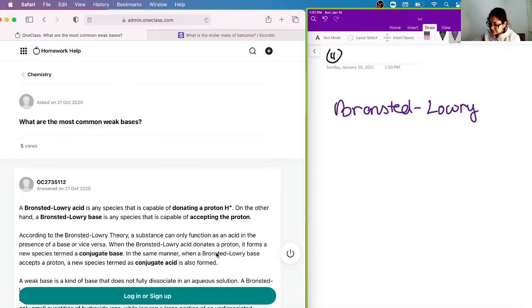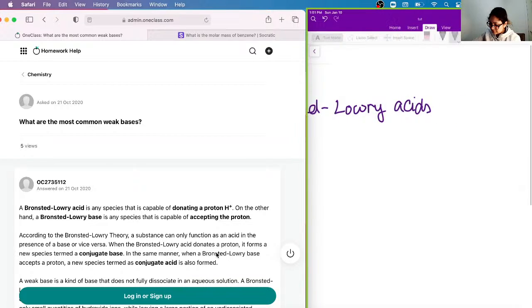So you can basically say acids lose a proton, and your base accepts.